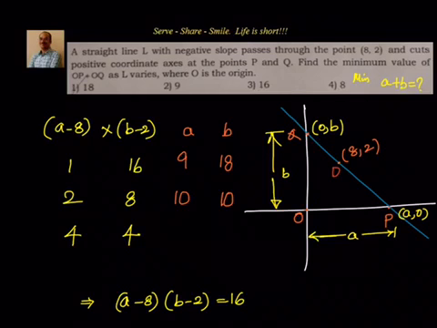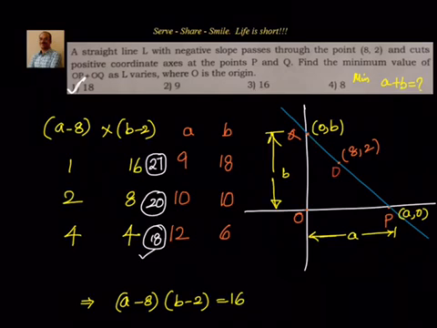If A minus 8 equals 4, A will be 12 and B will be 4 plus 2, which is 6. So from this we can see that A plus B in the first case adds up to 27, the second case adds up to 20, and the third case adds up to 18. The minimum value of 18, 20, 27 is 18. So our solution for this particular problem is 18.